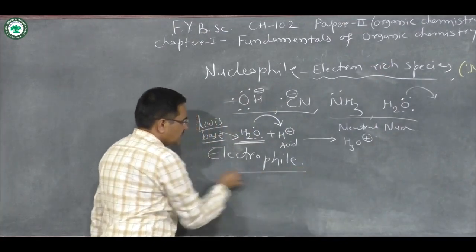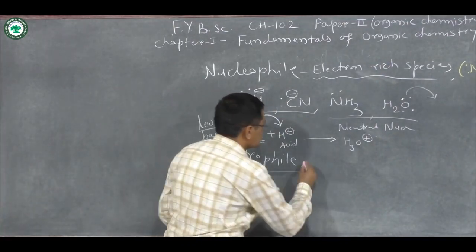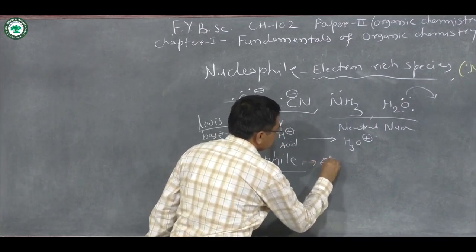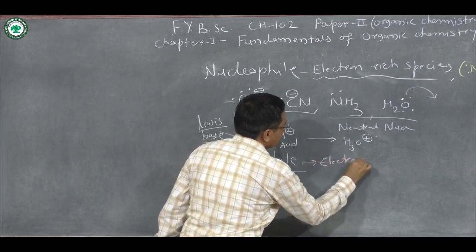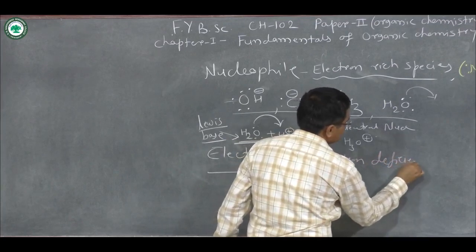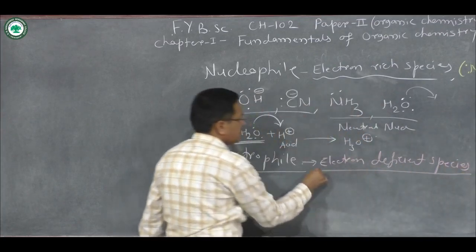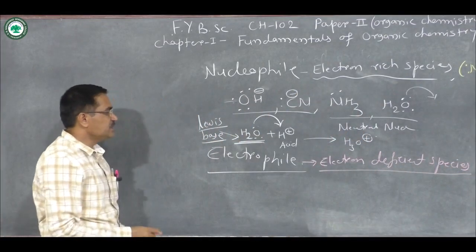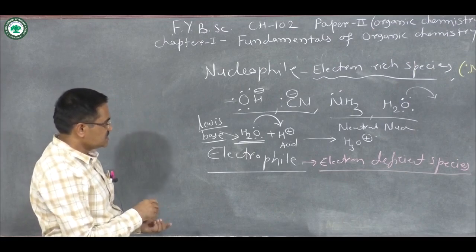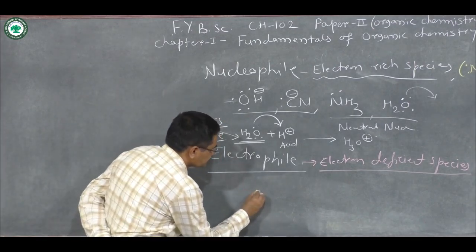Okay. Then electrophile. Electrophile is electron deficient species. Now we take some examples here.